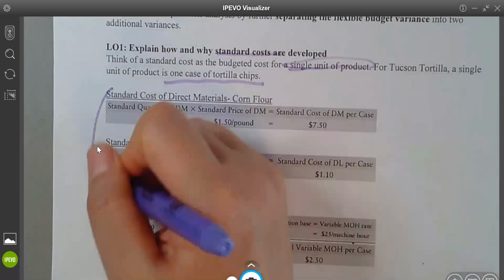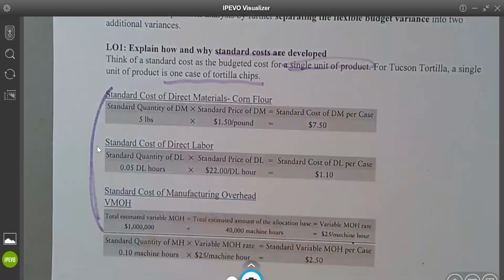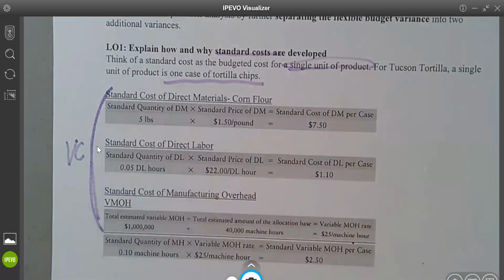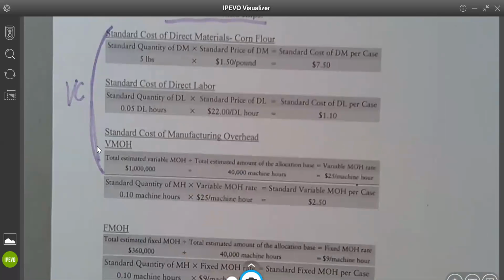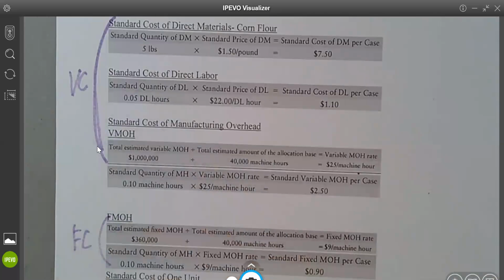Those 3 items are very similar because they are all variable costs. And then we also have the fixed cost. So we have to break down these 4 items, and for each one, we will break it down into 2 parts. So in this chapter, we will have 8 variances.